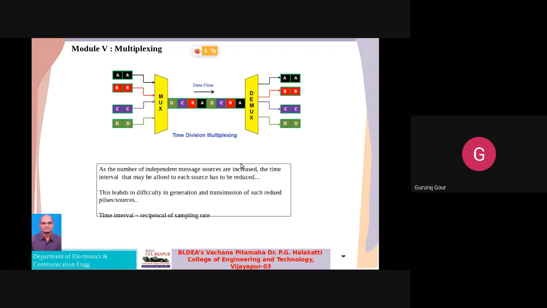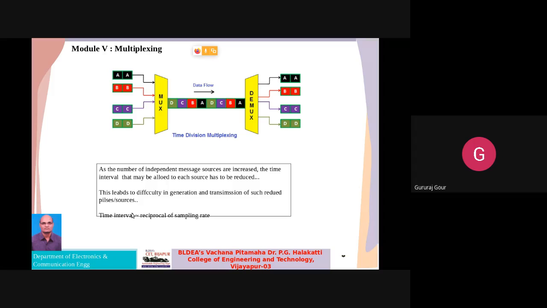A very well-known technique. Suppose you want to transmit more than one signal, or more than one channel or source of information, then the time allocated to each channel or source goes on reducing. This leads to a difficulty in generation and transmission of such reduced pulses. The time interval we allocate to each message is directly proportional to the reciprocal of the sampling rate.